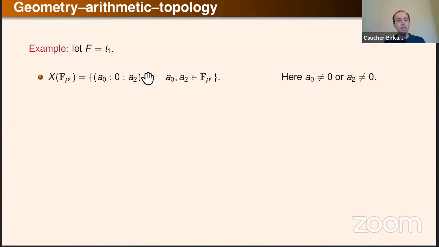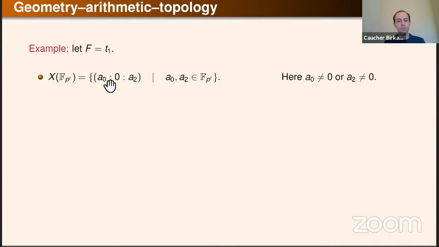As an example, let's look at the case when f is just T1. In this case, we can calculate X(F_{p^r}). So this f is our polynomial, and here are the solutions of this polynomial over different F_{p^r}. In fact, in this case, we can determine all the solutions. They will be just points of the form (a0, 0, a2), where a0 and a2 belong to the field F_{p^r}.